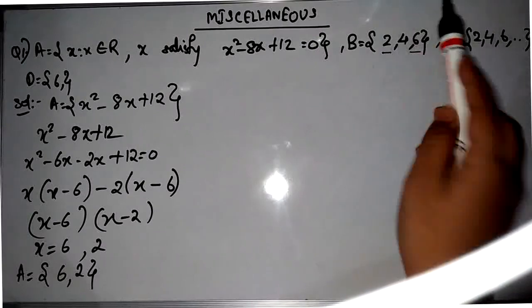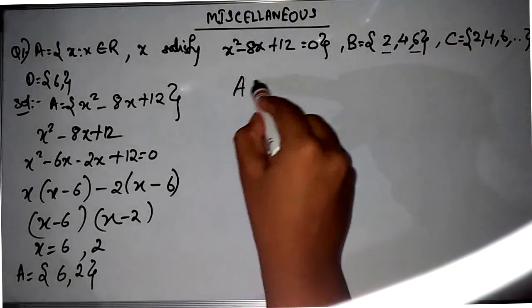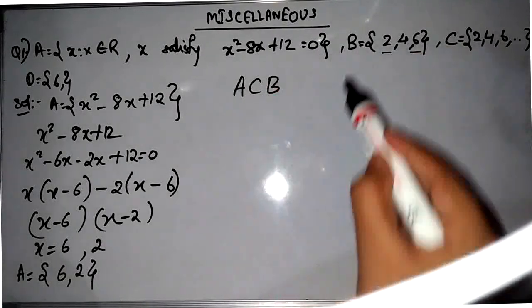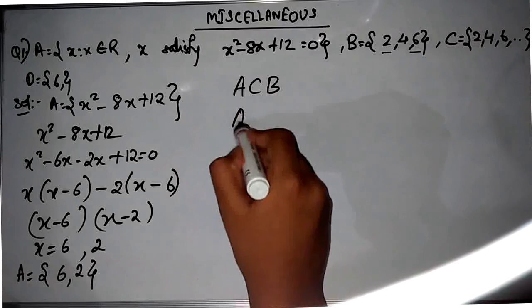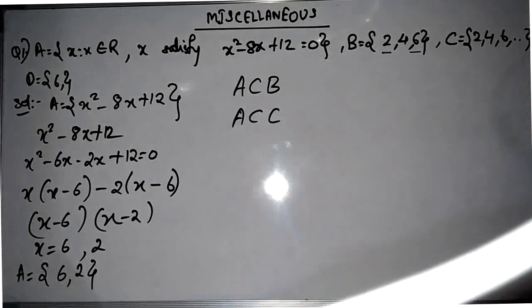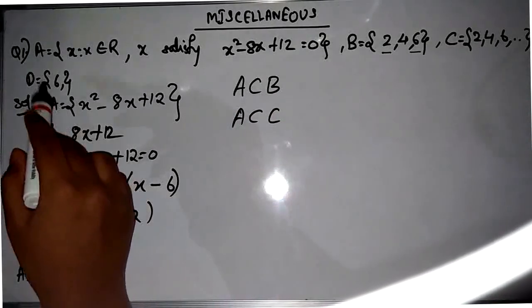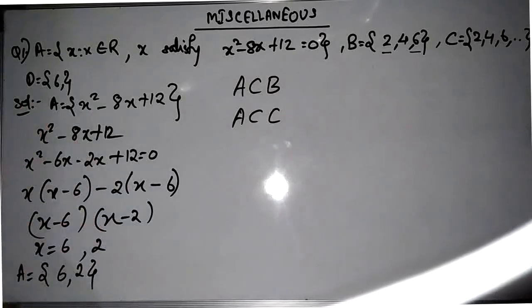In set B, 6 and 2 are present, so A can be called a subset of B. Then check C. There also 6 and 2 are present, so A is a subset of C. Then check D. In D only 6 is present, 2 is not present, so A cannot be called a subset of D. All the elements should be present, only then it can be called a subset.